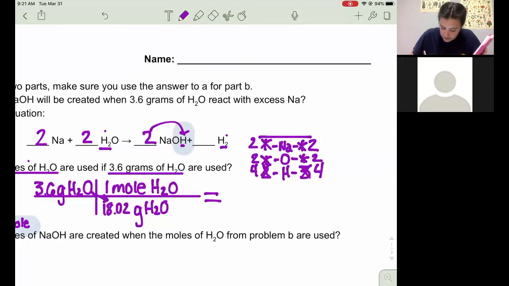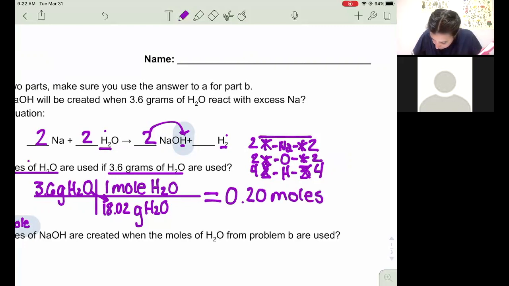So I'm going to go 0.20 moles of H2O. And again, I'm going to plug it into my calculator because we always double check work a second time. So 3.6 divided by 18.02. Beautiful, right?